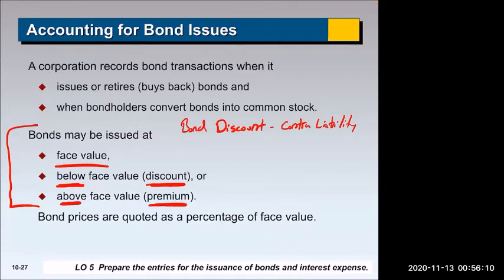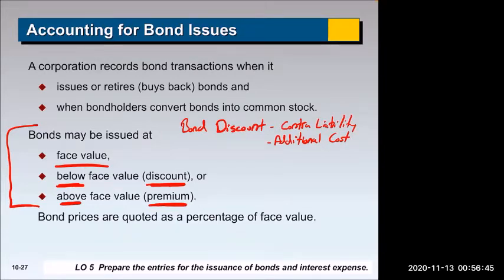It's an additional cost of borrowing. It's essentially meaning that we're now not just paying the interest that we're paying semi-annually or annually or whatever. Now we're paying the interest, and then we're going to pay some additional amounts. And I'll show you how that works in a few minutes. It's an additional cost. It's a contra liability.